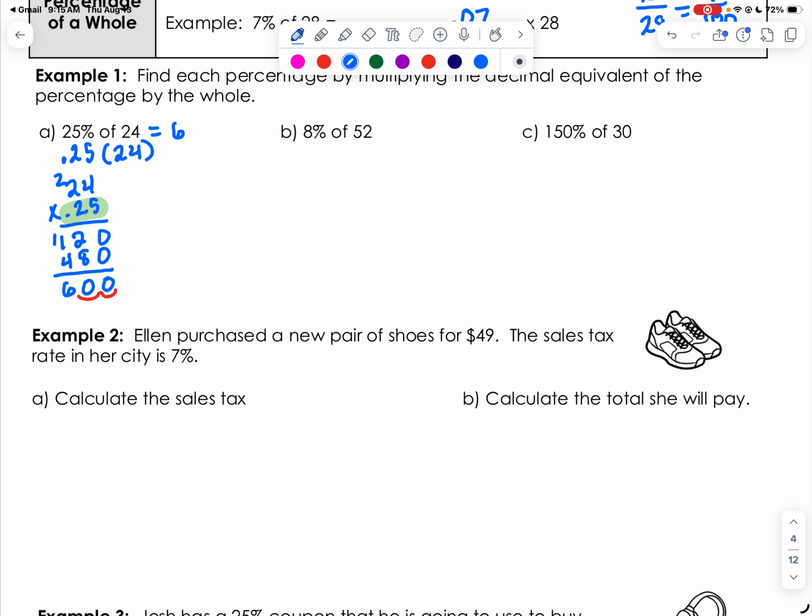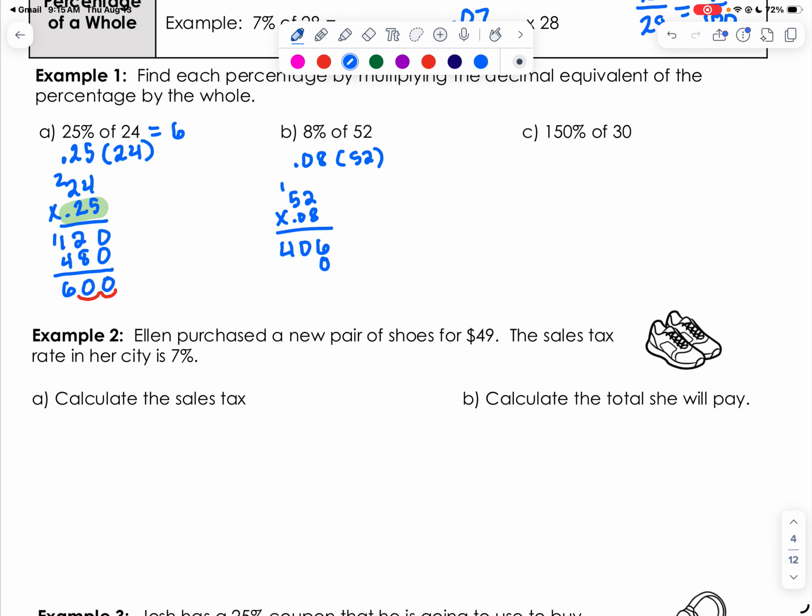All right. 8% of 52 would be the same thing as 0.08 times 52. So let's multiply that out. 2 times 8 is 16. 8 times 5 is 40 plus the 1. Drop a 0.